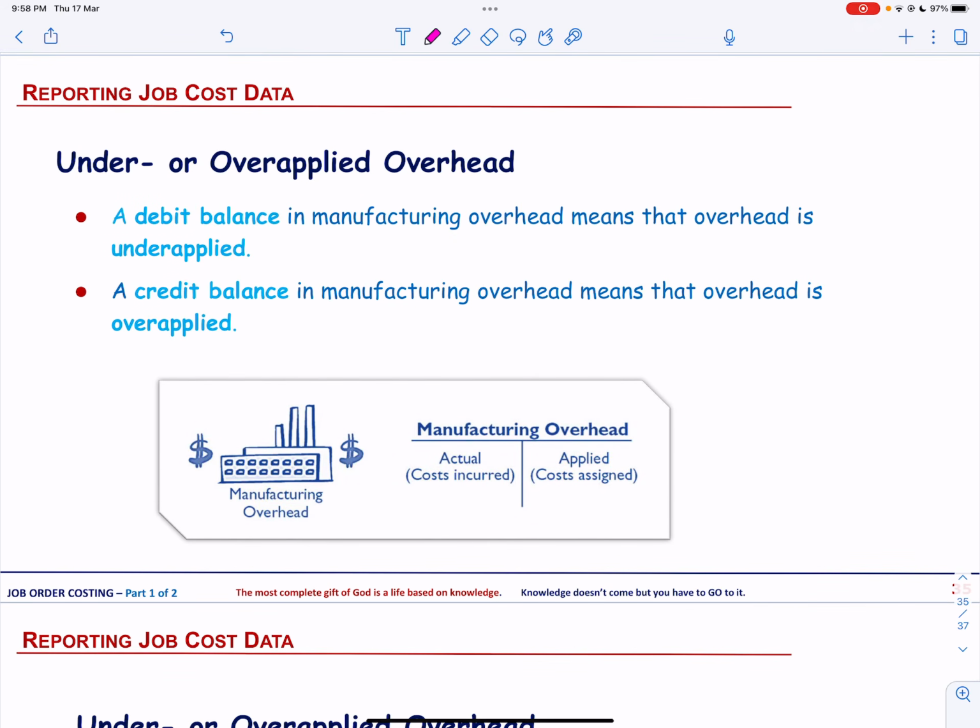When manufacturing overhead has a debit balance, overhead is said to be under applied. Under applied overhead means that the overhead assigned to work in process is less than the overhead incurred. When manufacturing overhead has a credit balance, overhead is over applied. Over applied overhead means that the overhead assigned to work in process is greater than the overhead incurred.